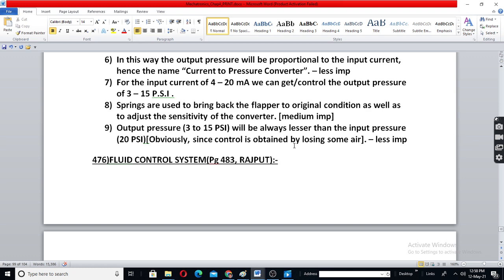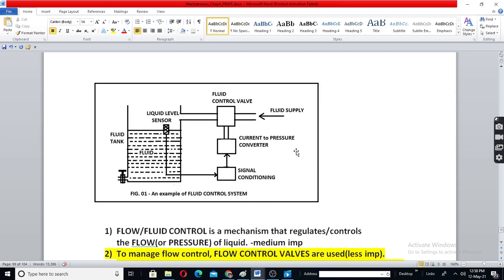Next is the fluid control system. See, this is the fluid container where there is fluid, and here you have the input supply.